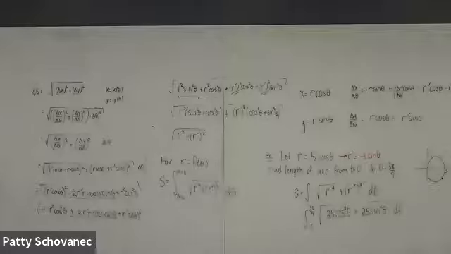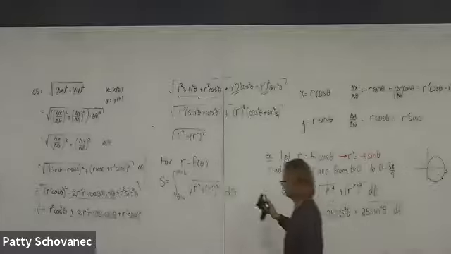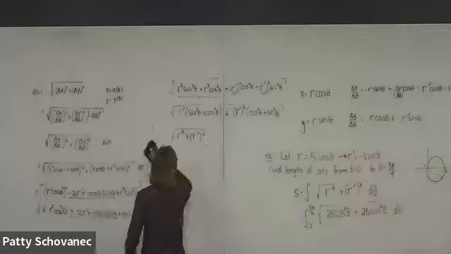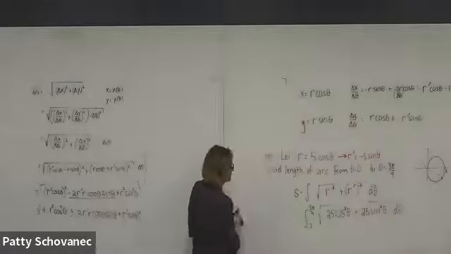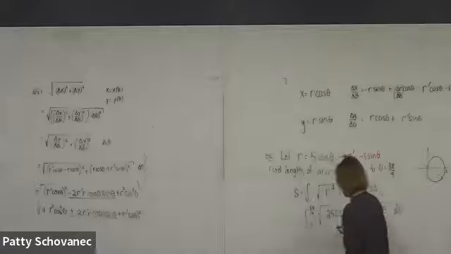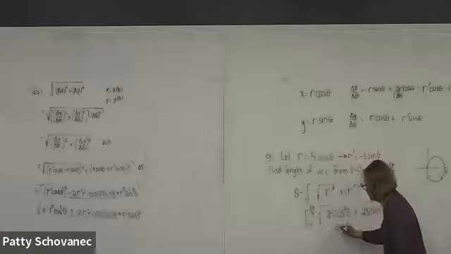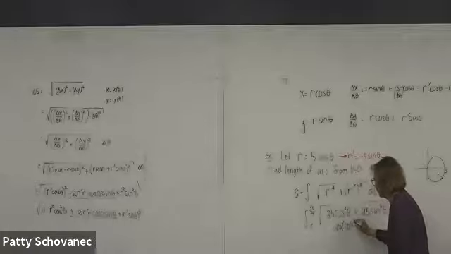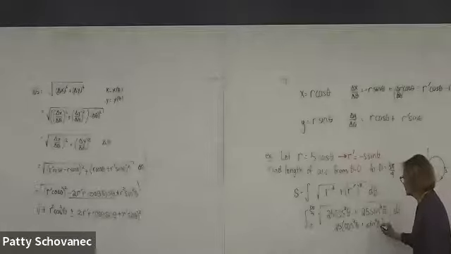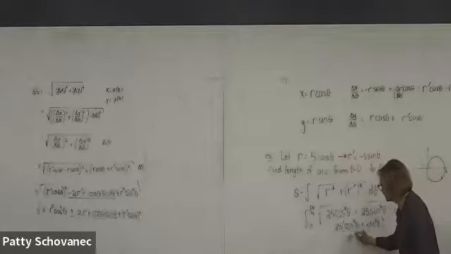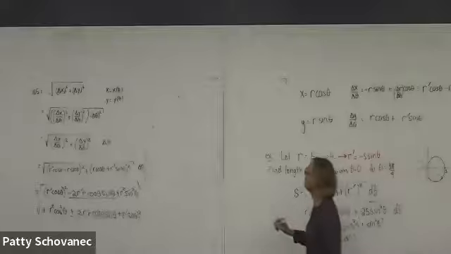What are your thoughts on that? Factor out 25, set cosine squared theta plus sine squared theta equals 1, and then take the square root of 25. Good. So we factor out the 25, the other factor is 1, and so I just have a 25 there, square root of 25 is 5.